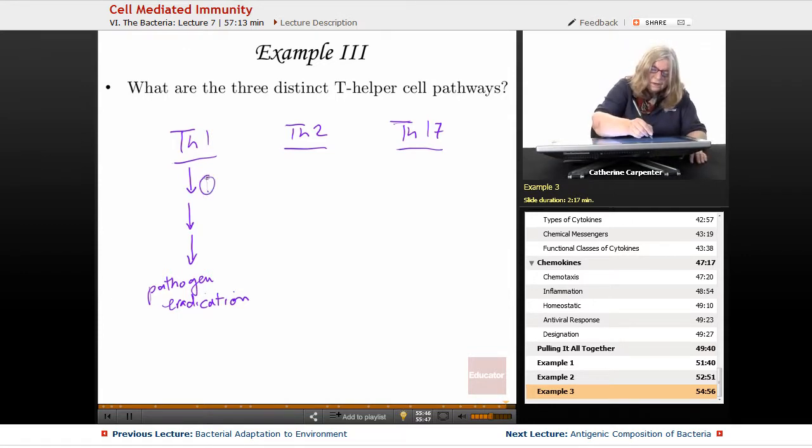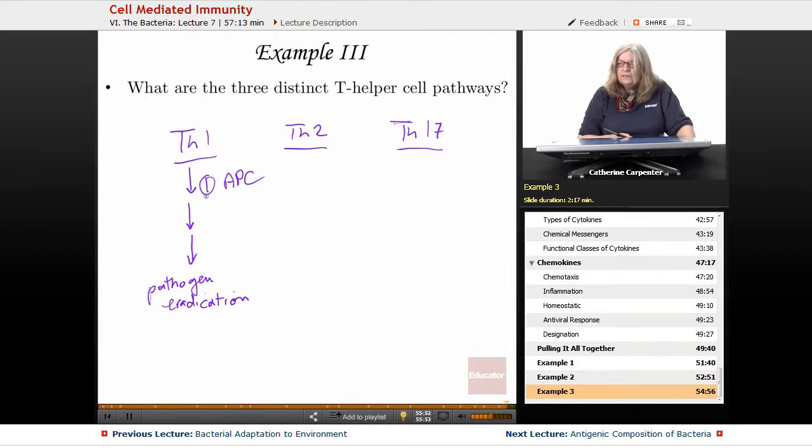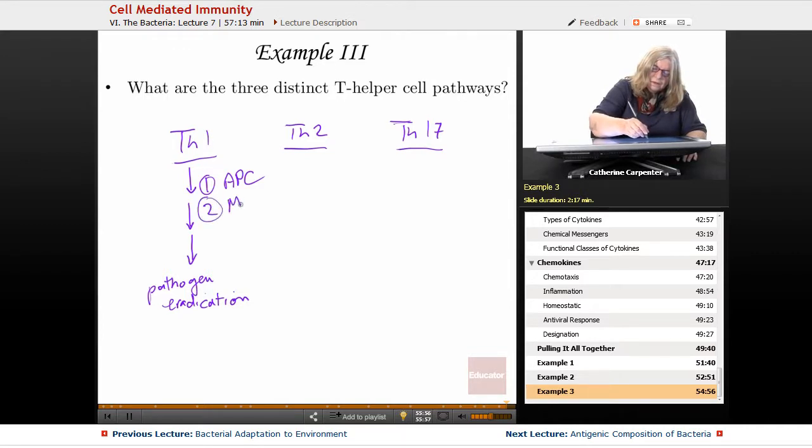Number one, antigen presentation and major histocompatibility complex. That's really important. And once the T cells identify what that pathogen is all about, then we get pathogen eradication.